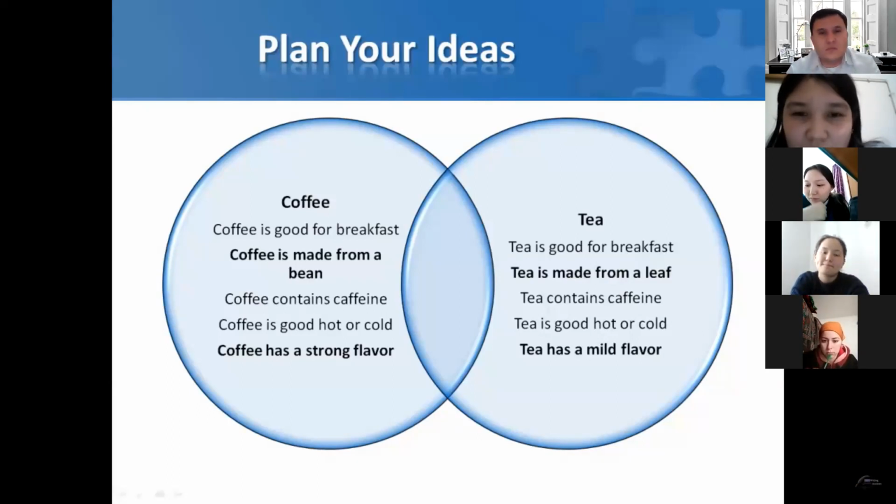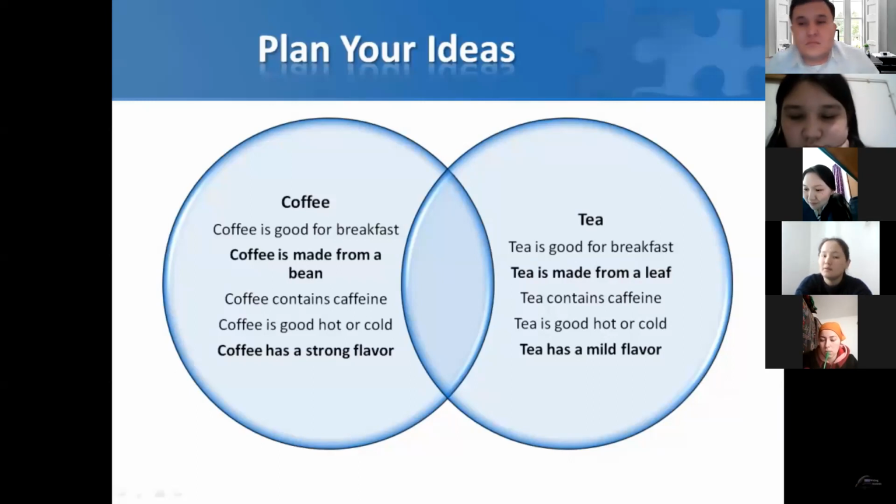Those are similarities. You said coffee and tea contain caffeine. More similarities. You said coffee and tea are good hot or cold. More similarities. Now, what are the points of contrast? Yes, those are the ones highlighted in bold.